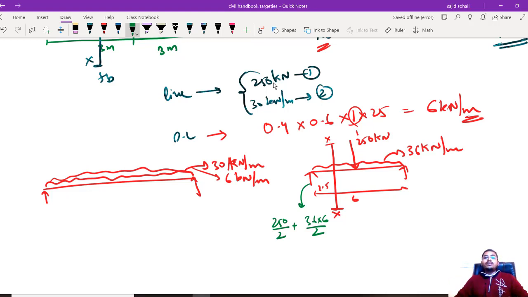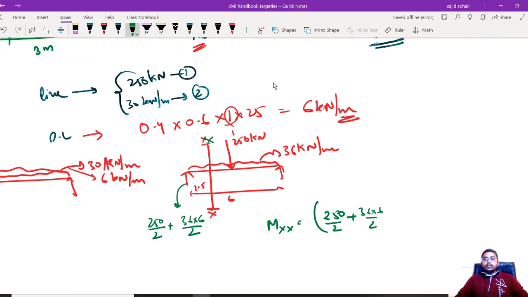So calculate what is the moment at this XX. So MXX will be nothing but this 250 divided by 2 plus 36 into 6 by 2 into the distance 2.5 meters. So this is due to this force, upward force. Now the downward forces whatever are acting, उसका भी हम देख लेंगे.